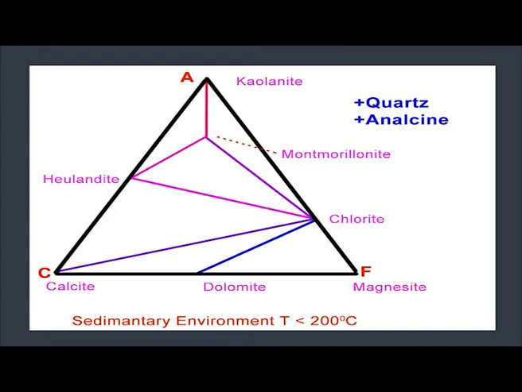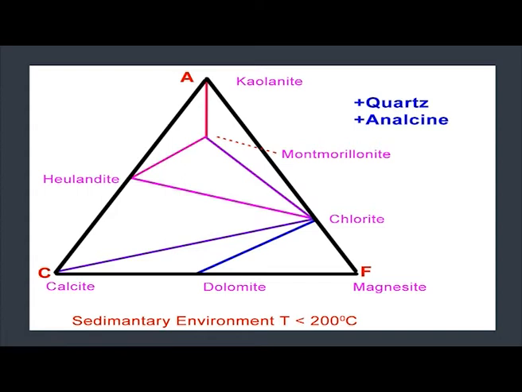During zeolite facies metamorphism, sedimentary rocks like limestone and dolomite remain as such, while clay minerals like kaolinite, heulandite and montmorillonite are also present. The metamorphism starts in basic igneous rocks and graywackes first.